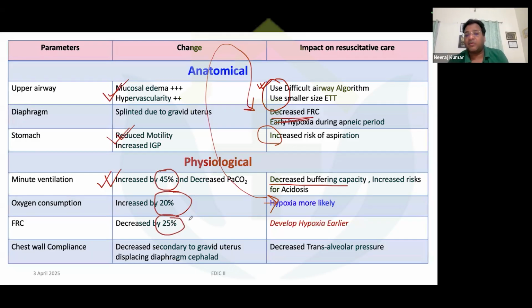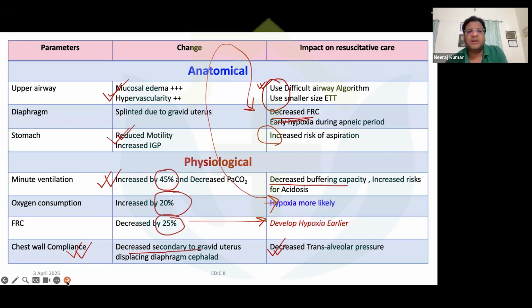That's why these patients develop hypoxia earlier. Then, considering the chest wall compliance, what will happen to the compliance? It decreases secondary to the uterus displacing the diaphragm cephalad, making the diaphragm splinted. So it will decrease the transalveolar pressure, and your transalveolar pressure will be compromised.